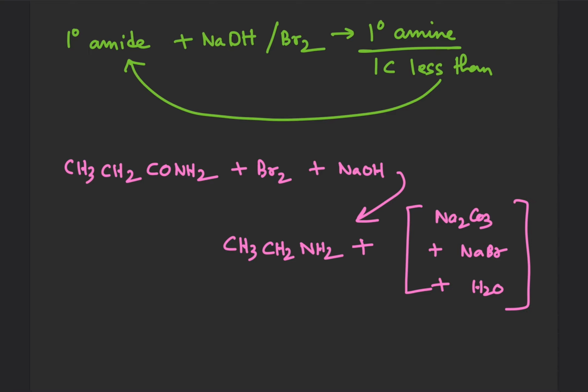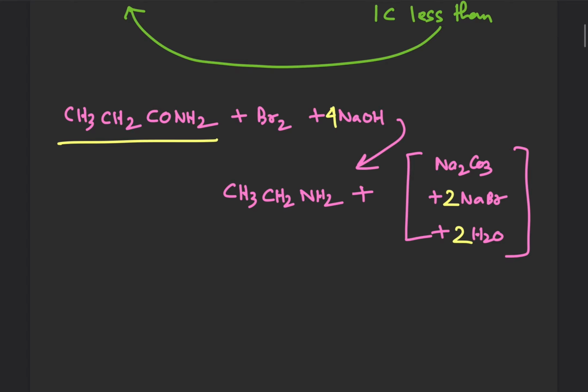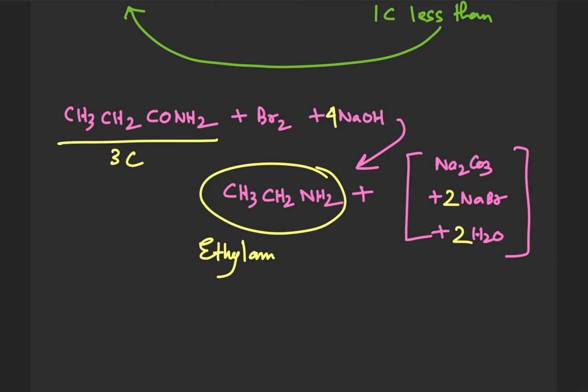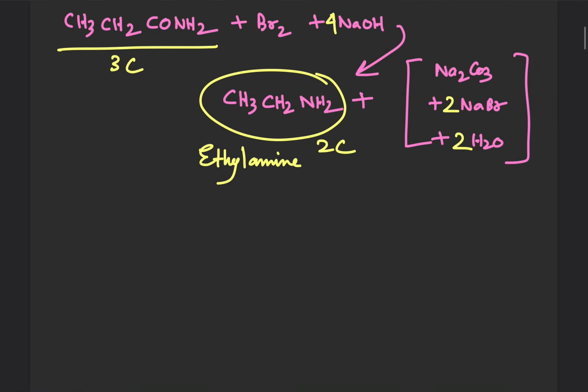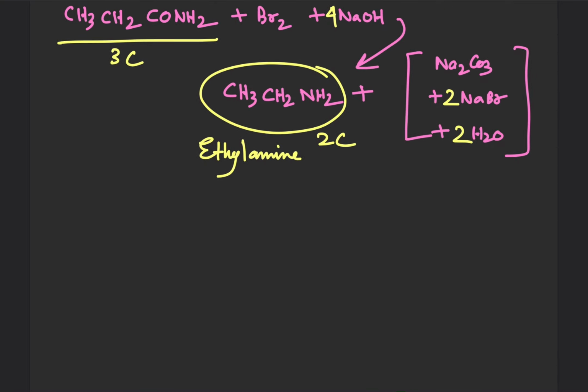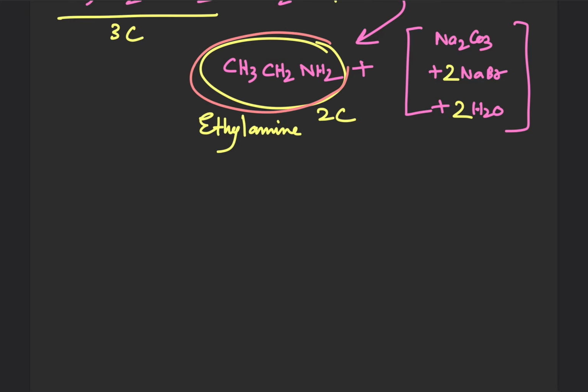Upon balancing, I will have a 4 here, a 2 here and also a 2 here. So this is propionamide, it has 3 carbons. This is ethylamine and you can see it has 1 carbon less, it has 2 carbons.